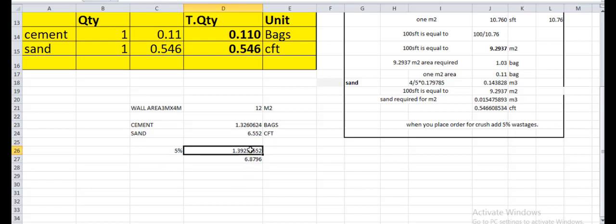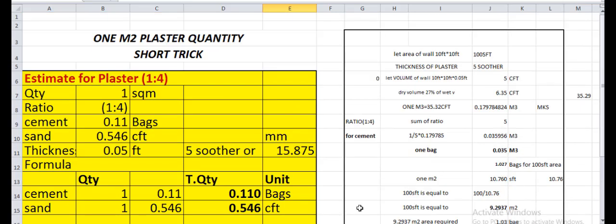So this is the cement we require, and for sand we require 6.8, and this is what we order for the given area. This is just an example, because in a large project the square meter area is very large, so you will apply it, and this is the basic formulation for you.